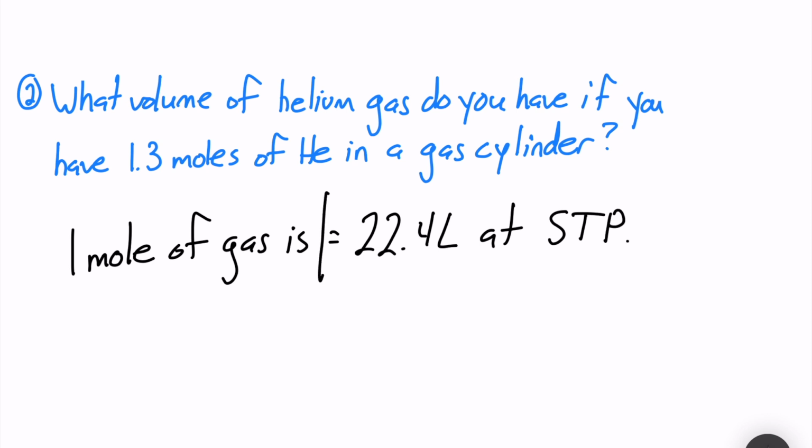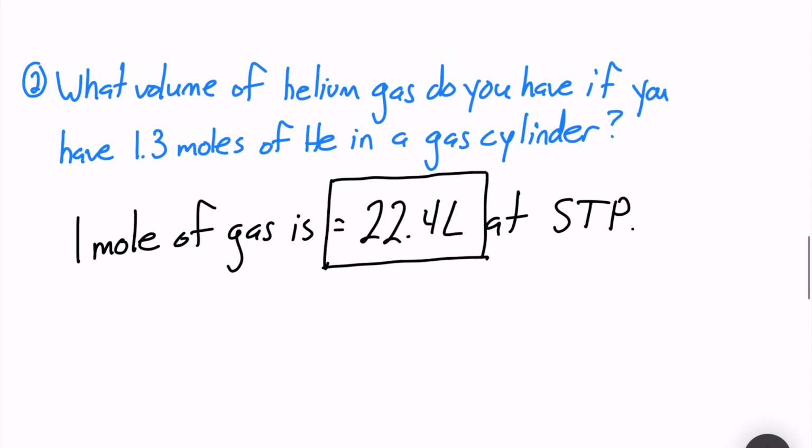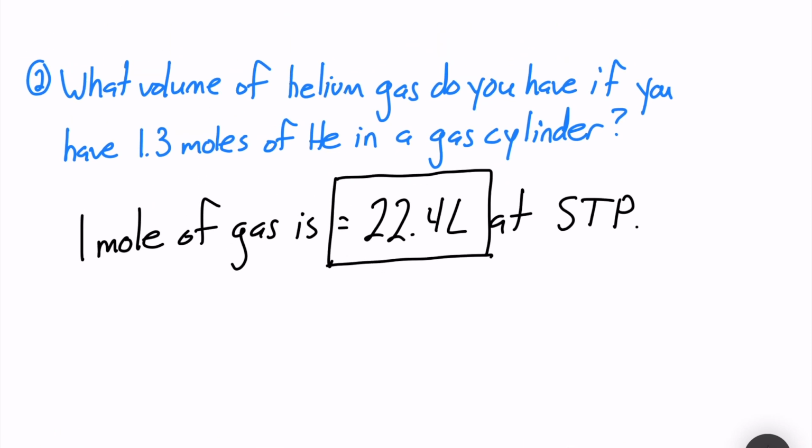So I did discuss this number, 22.4 liters, in a previous video, but that is the conversion factor that we're going to use to figure out the volume of helium gas in this cylinder. Okay. So if we know that 1 mole of gas is equal to 22.4 liters at STP, we're going to use that to flip our 1.3 moles of helium gas to volume.